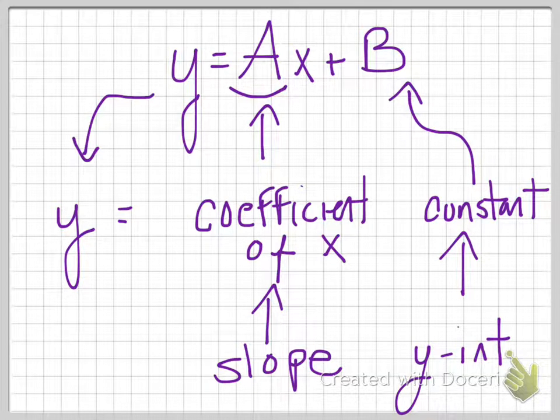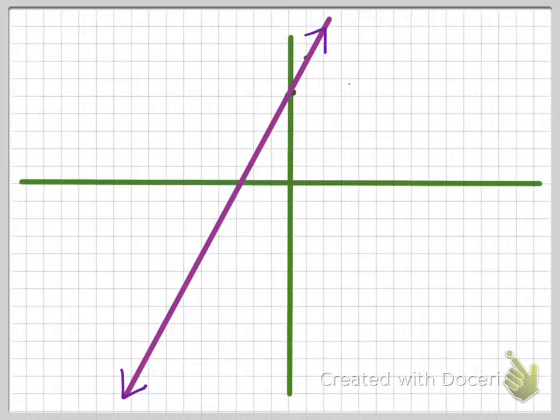Ooh, you get those in your notes. How beautiful is that? So I'll say it one more time. It's that important. The coefficient of your x, in this case the a, is your slope value. And the constant, in this case the number that's completely by itself, the b, is your y-intercept. So let's take a look at this line.